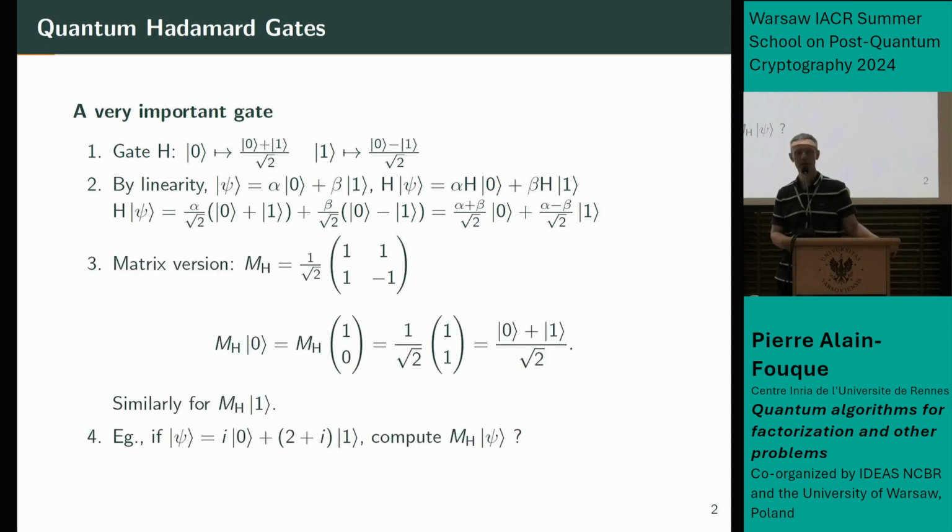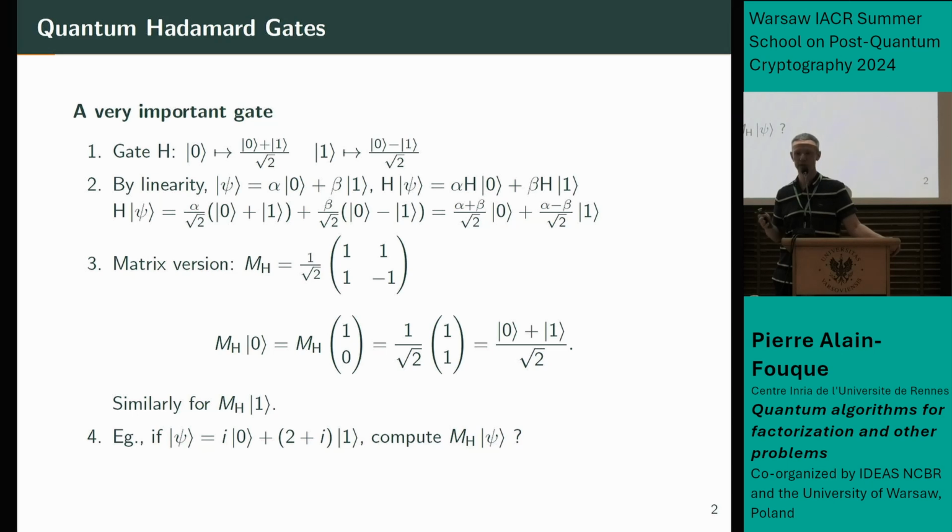The other kind of representation is using a linear map. And since this is a one-qubit gate, you can describe it using a 2x2 matrix. And the matrix will be the following. So if you apply this matrix to ket 0, it's exactly the same as computing the matrix M_H times the vector (1, 0).